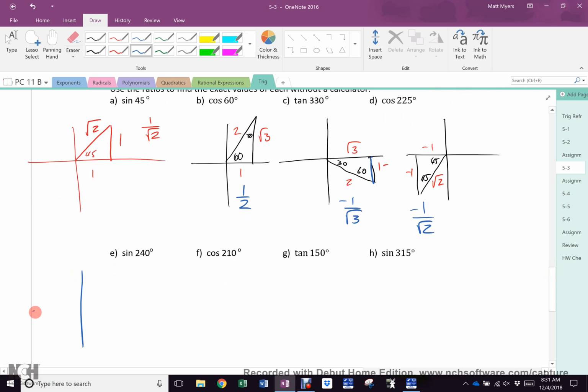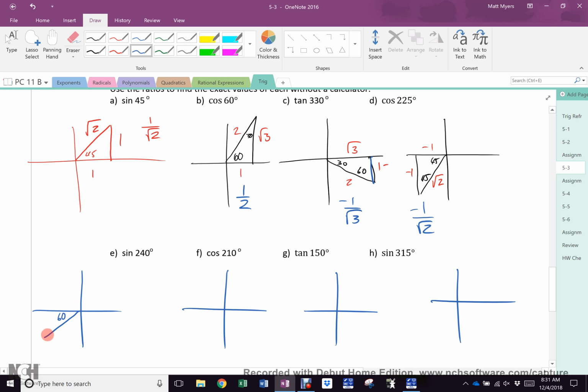Obviously, I need to do these, so... Where is sine of 240? Where is the terminal arm going to be? Third quadrant. How far is this? 60. Right?